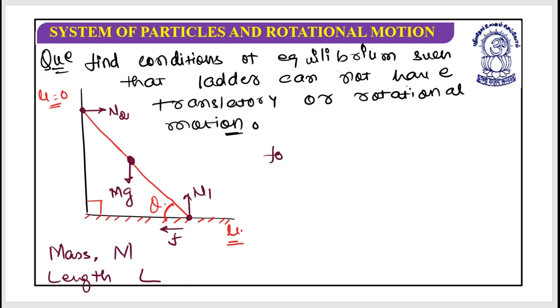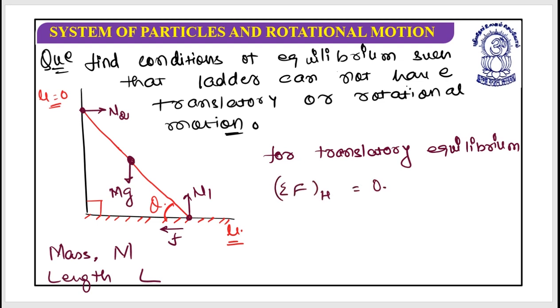So for translatory equilibrium, sigma forces in the horizontal direction would be equal to 0 first. In the horizontal direction I have N2 in the positive x direction and f in the negative x direction, so N2 is equal to friction.